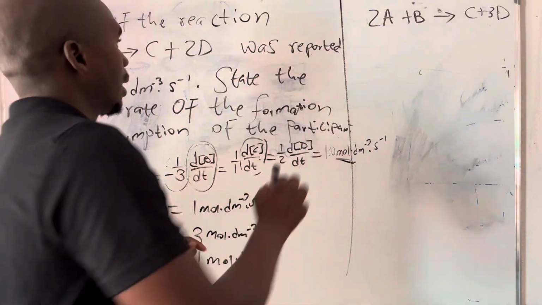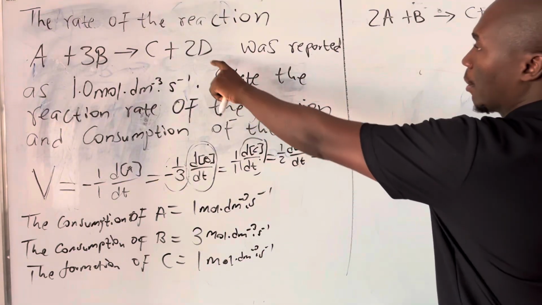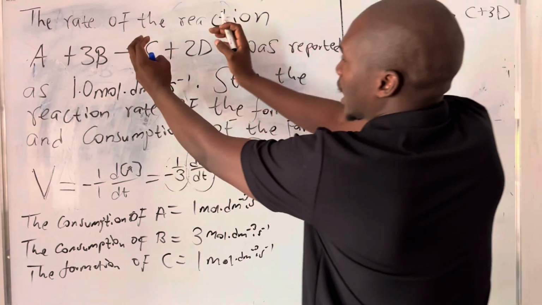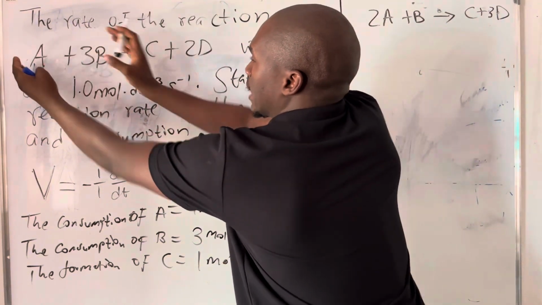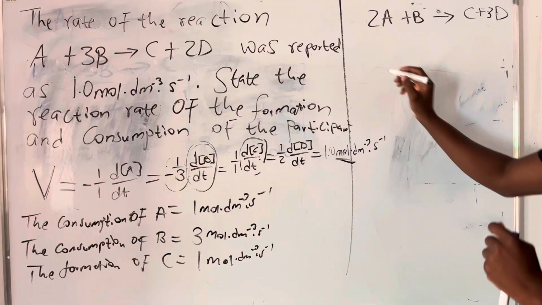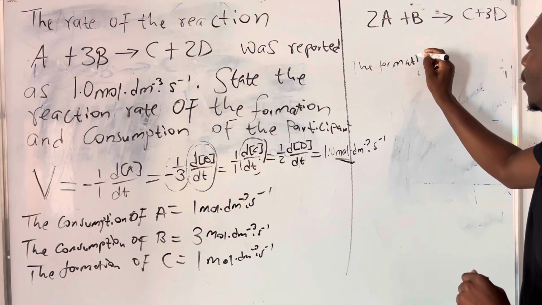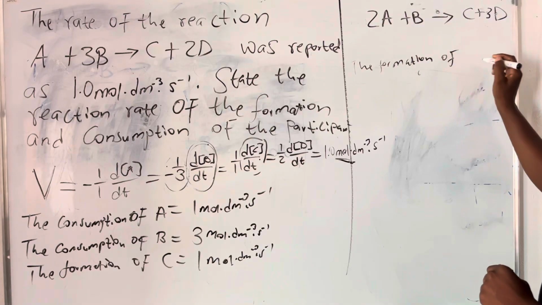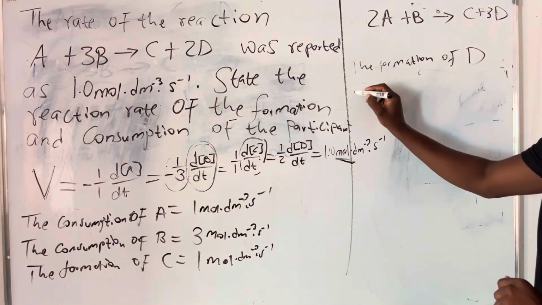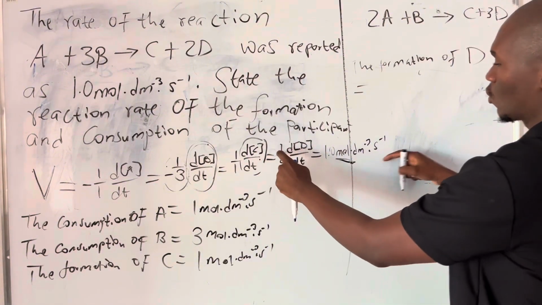Then the last one, let me write it here, which is the formation of D. Remember, D is in the product. On the product, we talk about formation. On the reactant, we talk about consumption, because the reactant is the one that is consumed. So the formation of D will be equal to what? We will relate this one and this one, right?